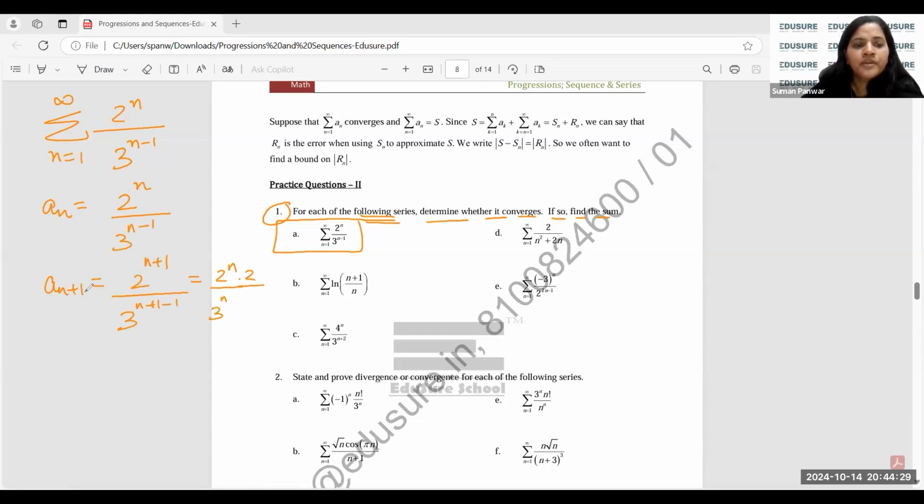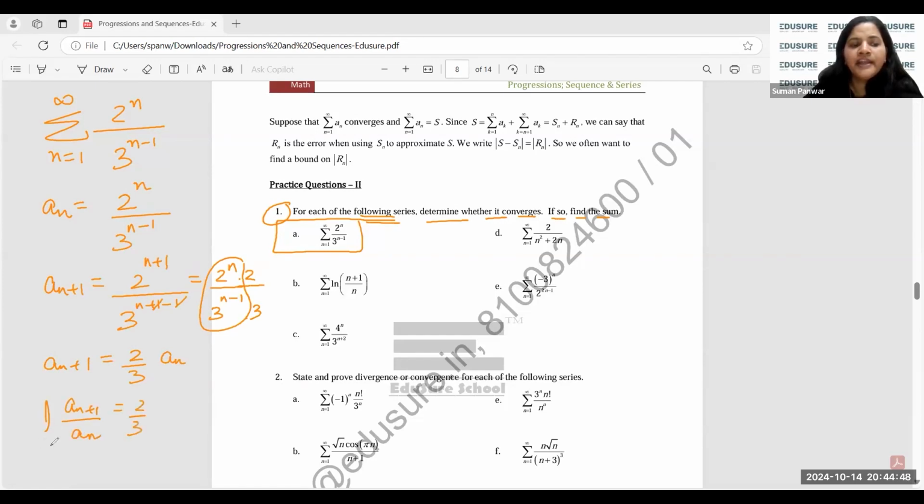So this is 3 power n minus 1 into 3, and a_(n+1) upon a_n is 2 by 3.